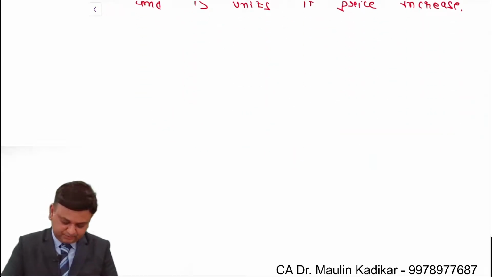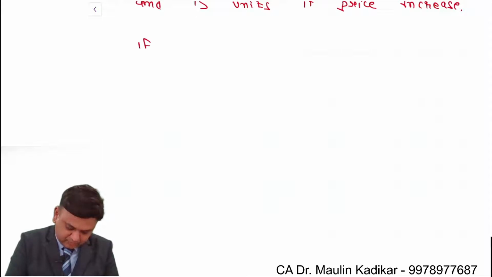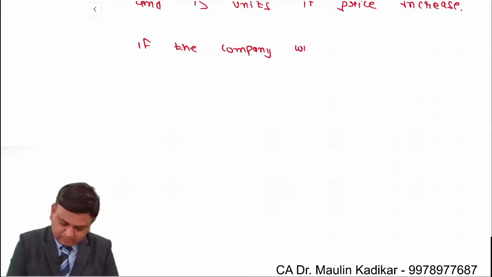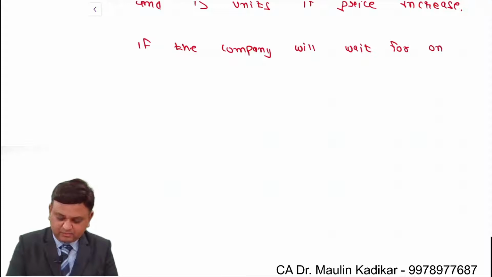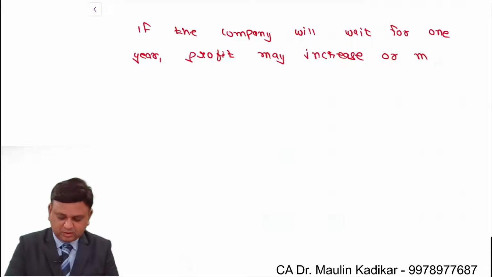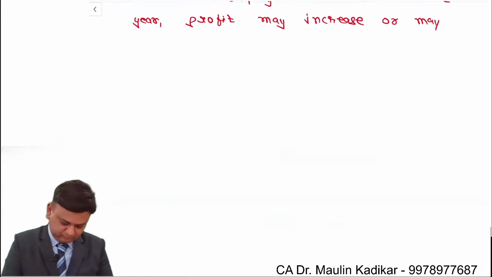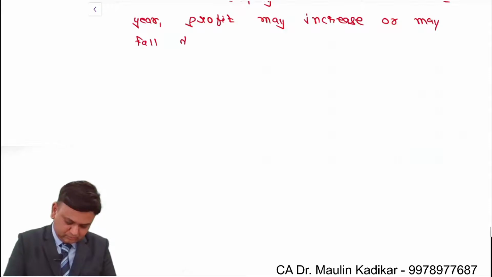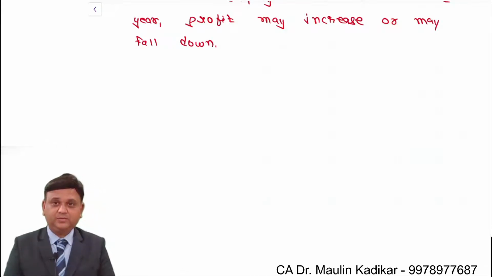With the paragraph write down, if the company will wait for 1 year, comma, profit may increase or may fall down. Full stop.